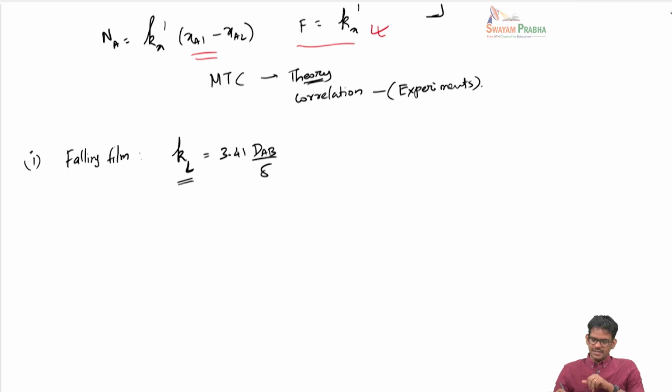This delta here is related to the thickness of the falling film. DAB is the diffusion coefficient. Sometimes we combine these mass transfer coefficients in some sort of non-dimensional number. For example, if you define KL delta by DAB, this is known as the Sherwood number.